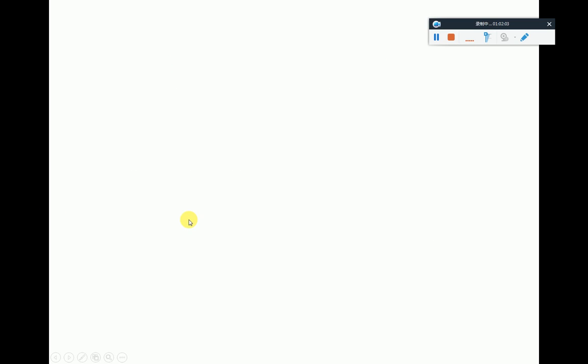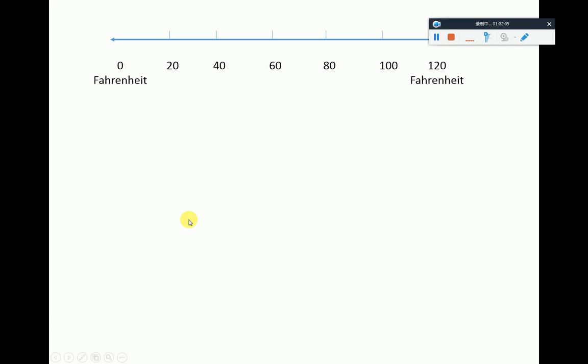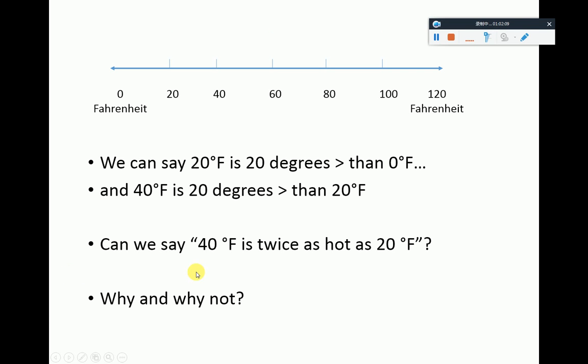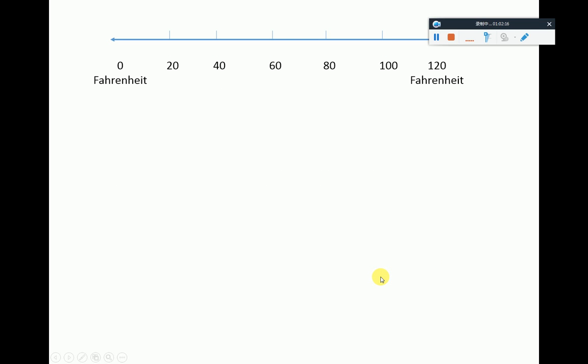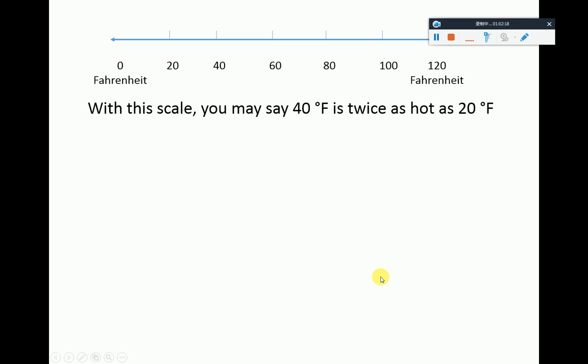Okay, here's the answer. Answer is you cannot. You cannot meaningfully say that 40 degree Fahrenheit is twice as warm as 20 degree Fahrenheit. The reason is exactly because we have an arbitrary 0 point.